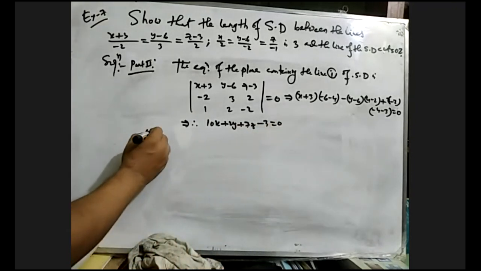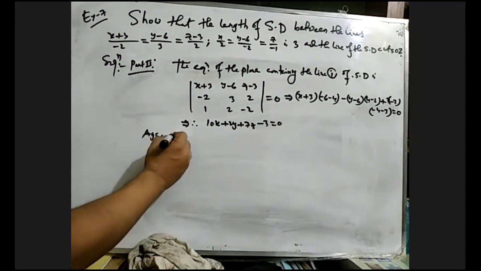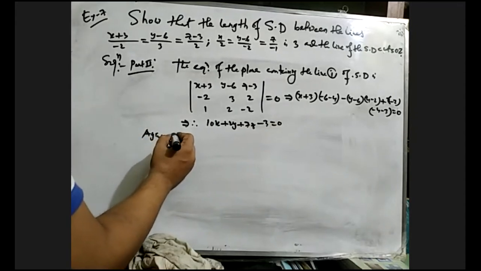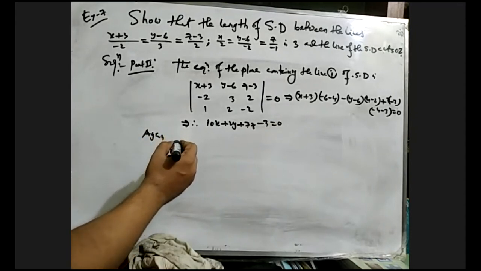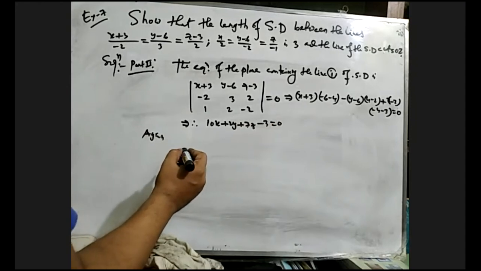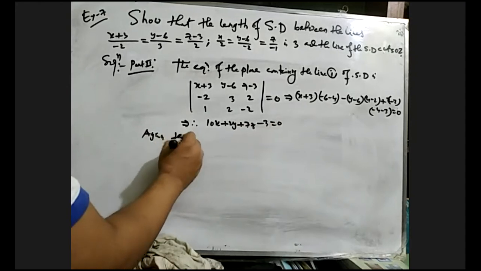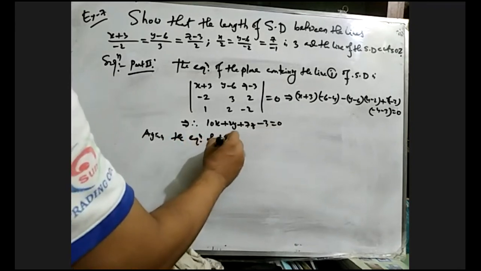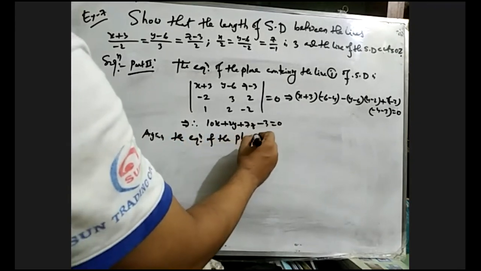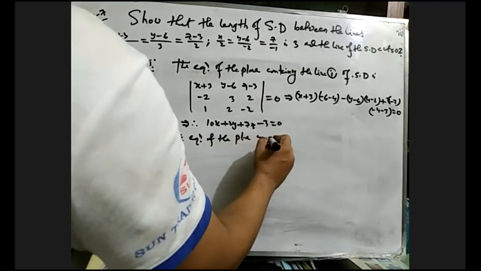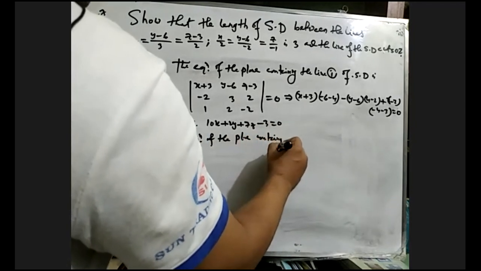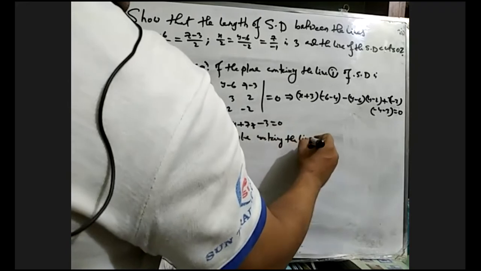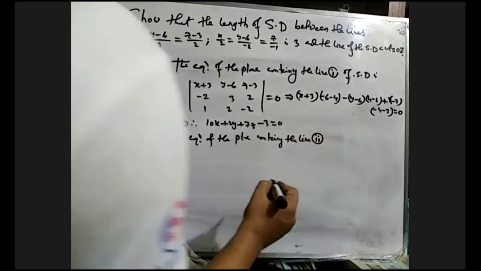Again, the equation of the plane containing line 2 of shortest distance.